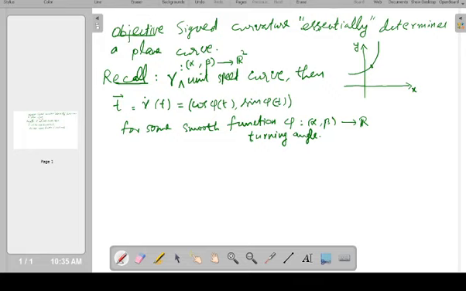Since gamma is a unit speed curve, gamma dot t is a unit vector, which we call vector T, the unit tangent vector, and the angle the vector T makes with the positive x-axis, that is your phi.